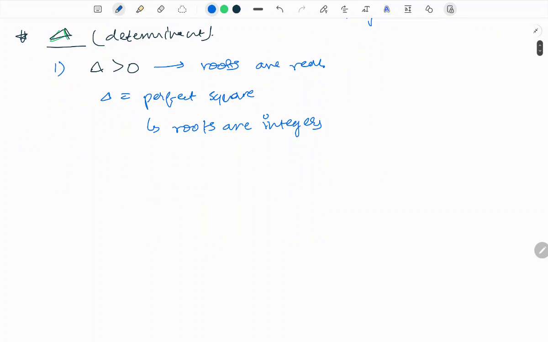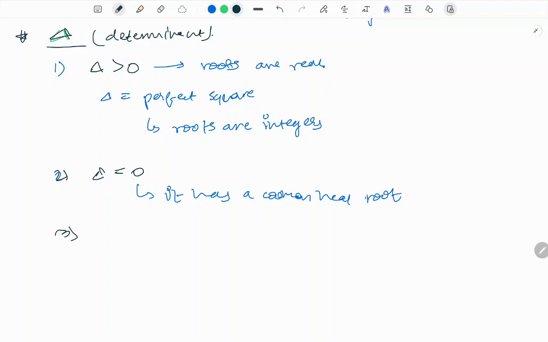Second, if the value of the determinant is equal to 0, that means it has a common real root. Sorry for my handwriting.